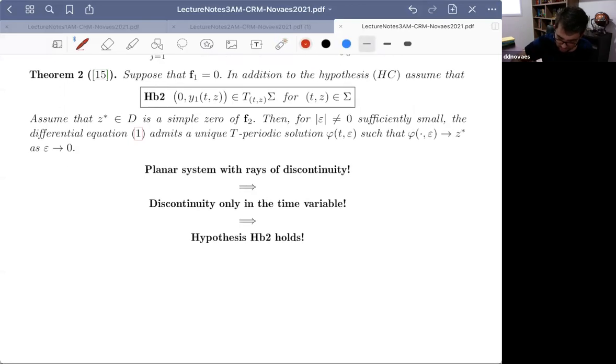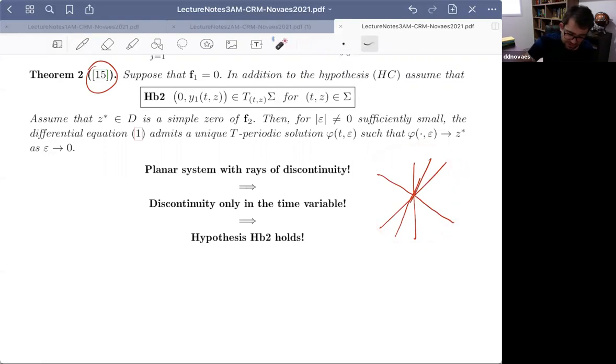We usually consider piecewise linear differential systems where we have a line, for instance, passing through the origin as the set of discontinuity. Also, at that time when we produced this paper, we had works with this configuration of discontinuous manifolds. So for this case, these hypotheses always hold, okay?